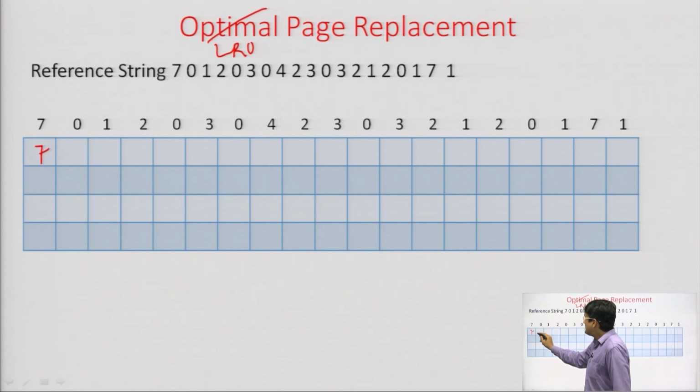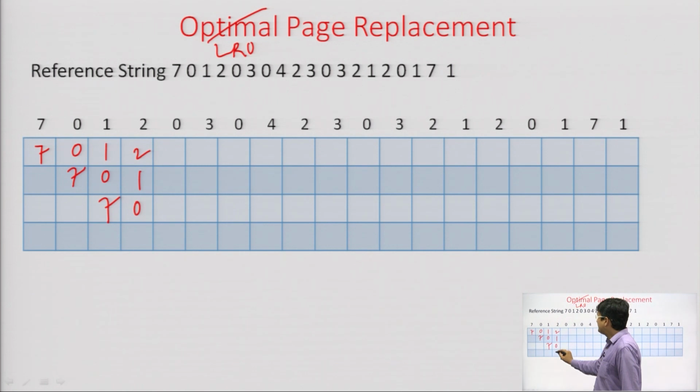7 is referenced, not present. 0 is referenced, not present. 1 is referenced, not present. 2 is not present.